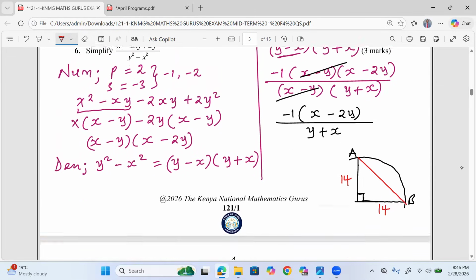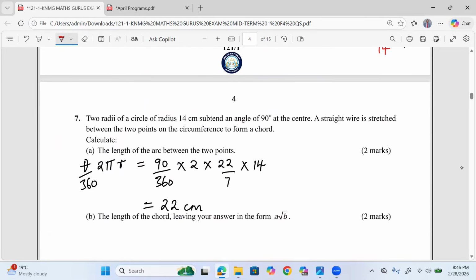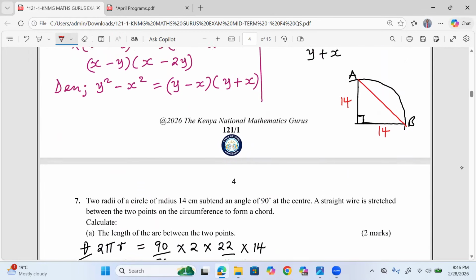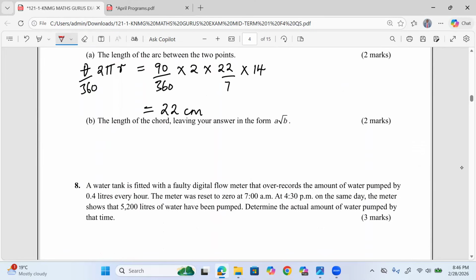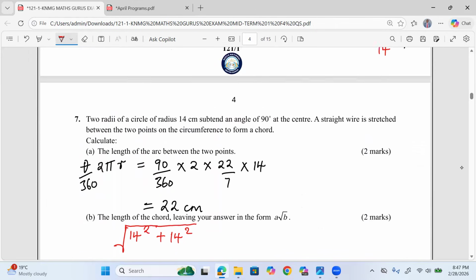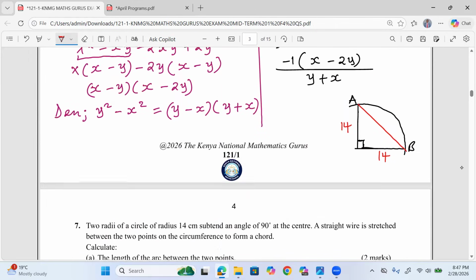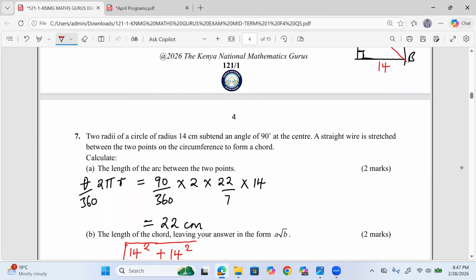So when we talk about this chord now, I will have to use Pythagoras theorem. So I need 14 squared, I add 14 squared, then I take the square root. I think Pythagoras theorem shall really help us.